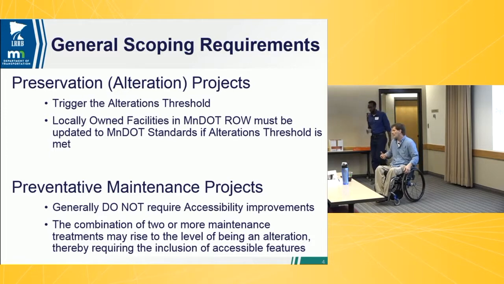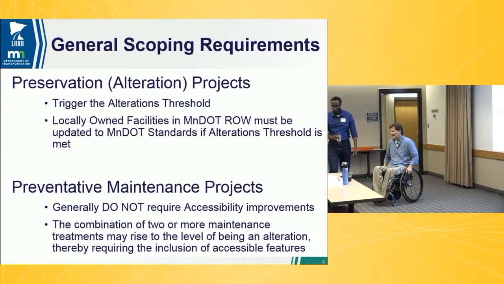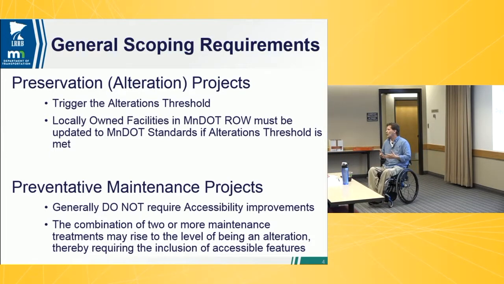The ADA really doesn't care who owns the facility. They're just saying if you're doing this preservation type project, the curb ramps get upgraded. So whoever is doing the overlay, be it MnDOT or the local community, whoever triggers that threshold doing the mill and overlay in front of the curb ramps needs to do that upgrade. They're not really caring who pays for it or how it gets paid for, just that the work is completed.